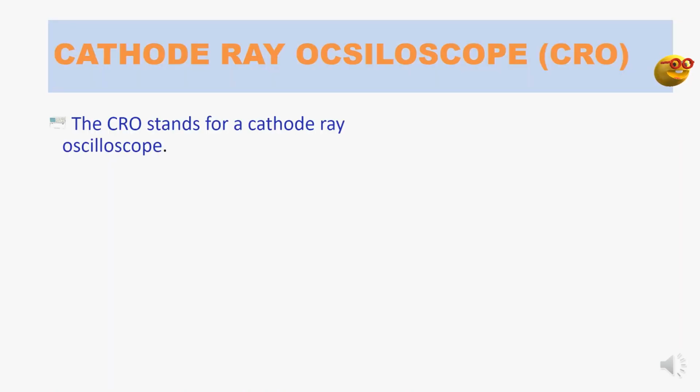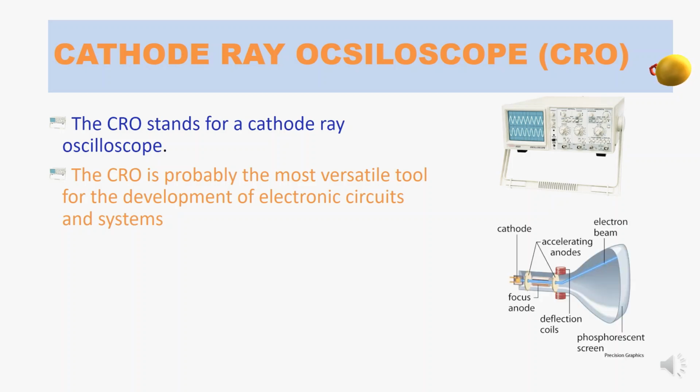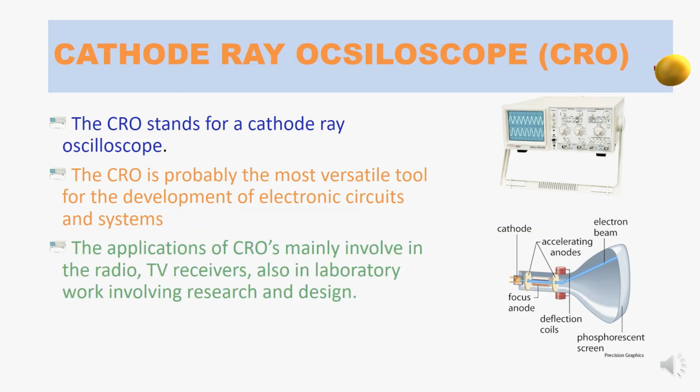Let us now see your cathode ray oscilloscope. It is shortly called CRO. A CRO is probably the most versatile tool in the development of electronic circuits and systems. So, applications of CROs.